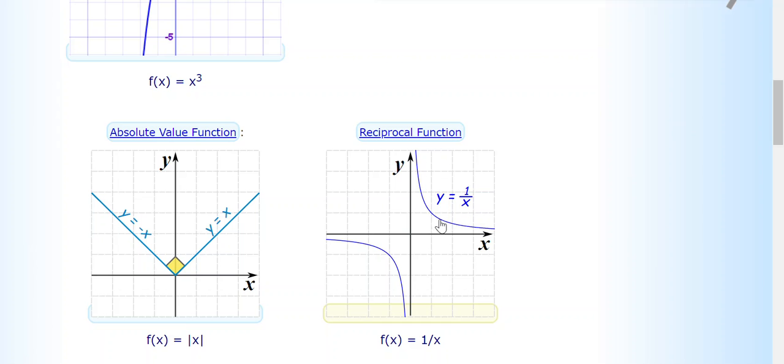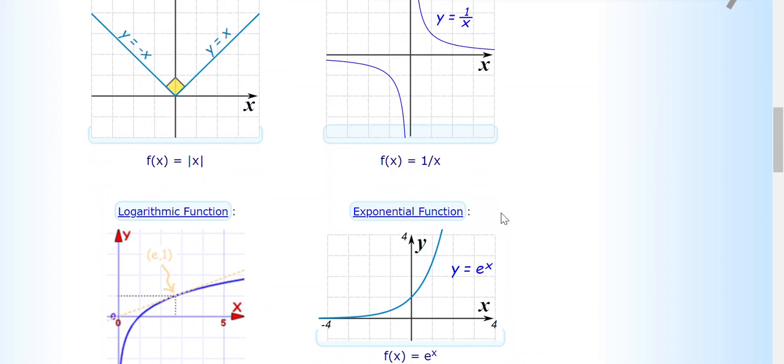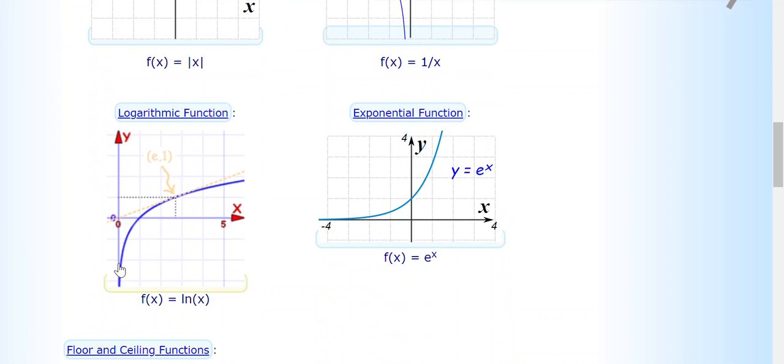And then we got the reciprocal, the other name for it is the rational function. And then we got the logarithmic function, the log or the ln, which we'll learn towards the end of the semester.